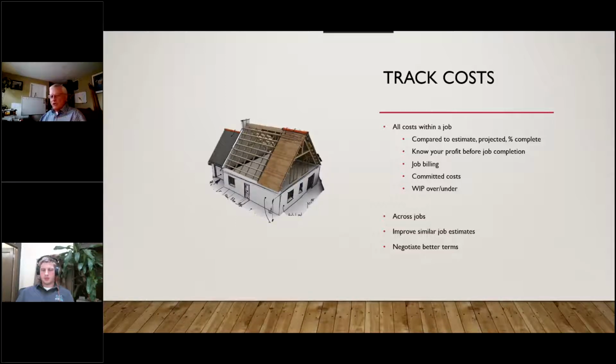Then you do this across all jobs, improve similar job estimates, and negotiate better terms with your bank. You can go in and say, look, I understand where I am on all jobs and I have good control over my job costing. Chances are the banker will be extremely impressed and more willing to help you with short-term loans.